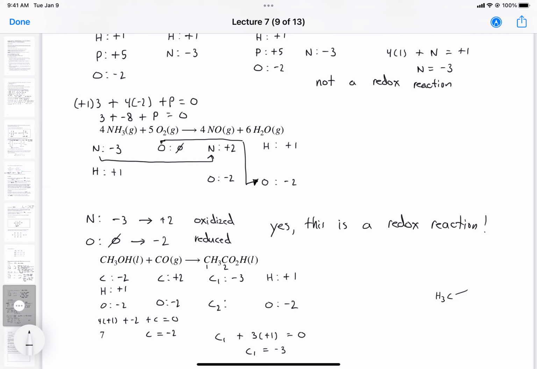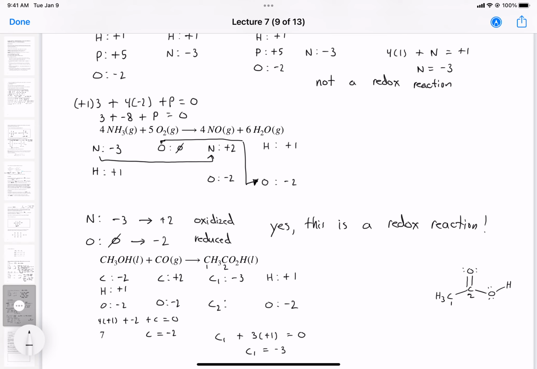CH3, so all the hydrogens are attached there, and then here is the central carbon atom attached to a double bonded oxygen and an OH bond. Okay, so we look at the second carbon atom. This is C2, and this is going to be C1.